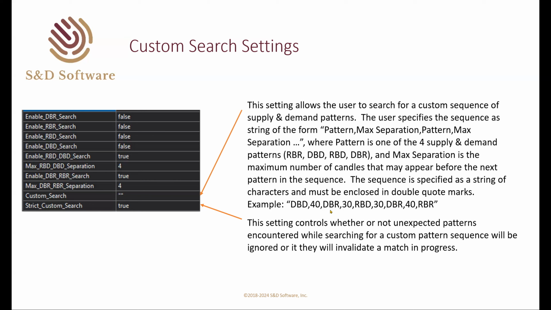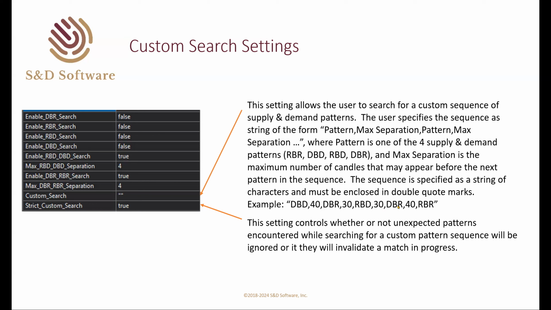So in our case here, where we found the drop-base-drop, we found the drop-base-rally, we found the rally-base-drop, but then we found a drop-base-drop. Well, if we have not yet exceeded the limit of 30 candles between the rally-base-drop and what we're looking for, and strict custom search is false, we will ignore the drop-base-drop pattern we just found, and we'll continue looking.